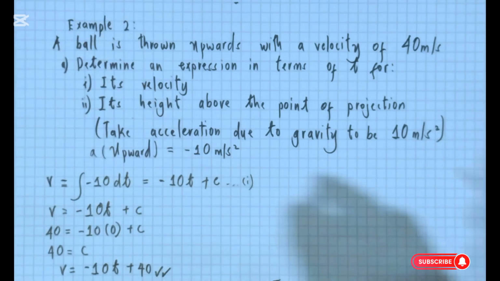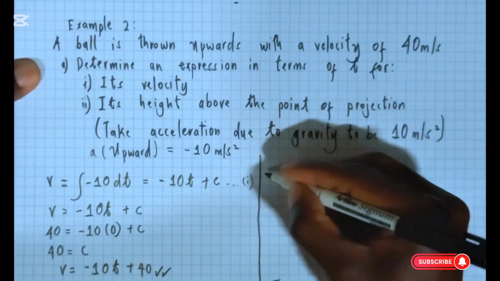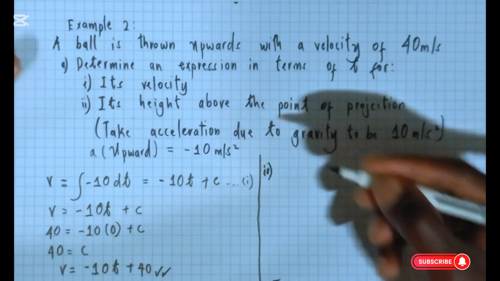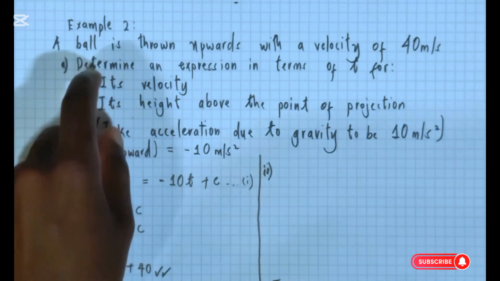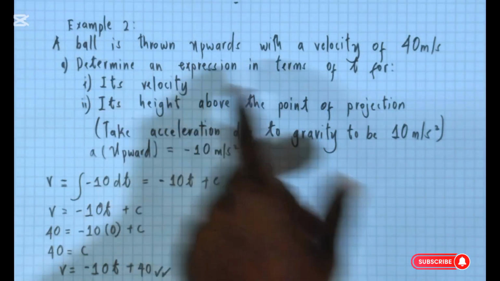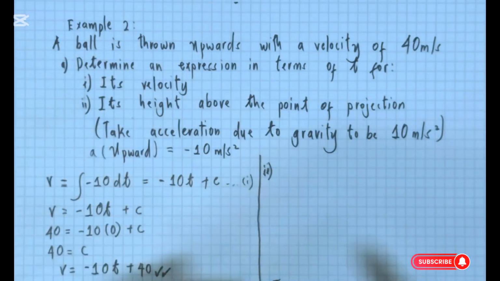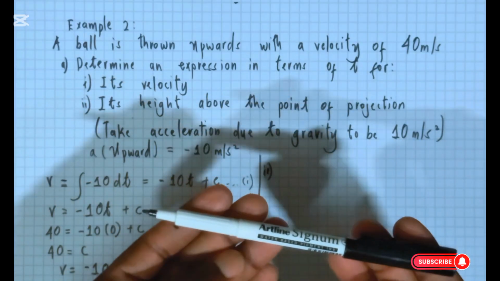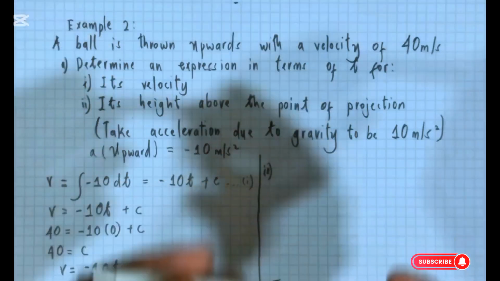Now, A Roman 2, we already have a velocity, so that's gone. I want us to think of A Roman 2. We are supposed to determine the displacement expression, or the equation that is showing the movement of the ball as it is being thrown, as it is being projected into space.